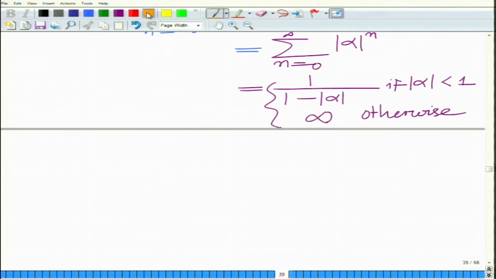So, the absolute sum of the impulse response is finite only if magnitude alpha is less than 1, which implies that the system is BIBO stable only if magnitude alpha is less than 1.